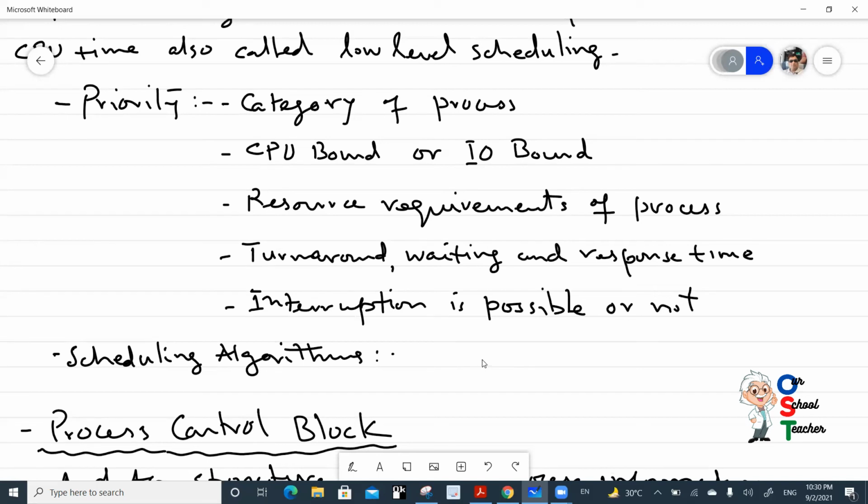It may be first come first serve basis, in which processes are dealt with as they come in the queue, and it may be shortest job first, in which it is seen which process takes lesser time to be completed. So it depends on a number of factors, including the priority and scheduling algorithm. And considering all these factors, it is decided.